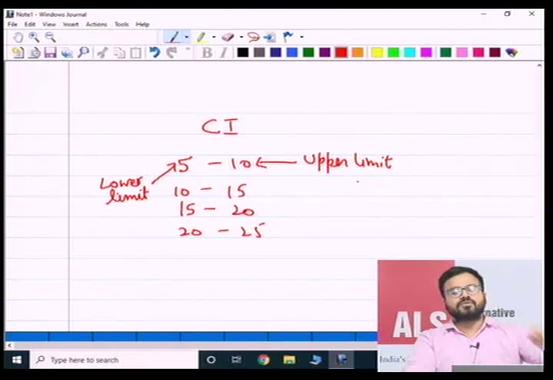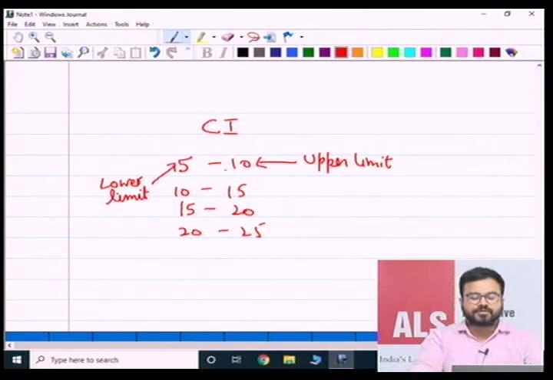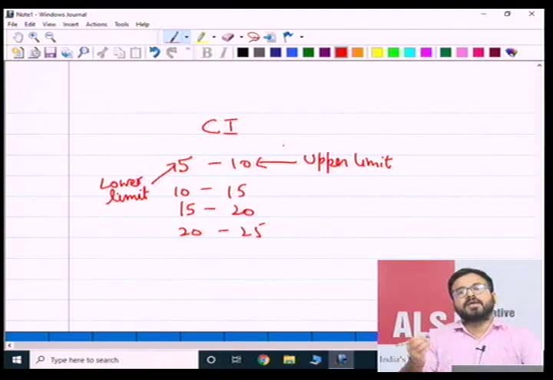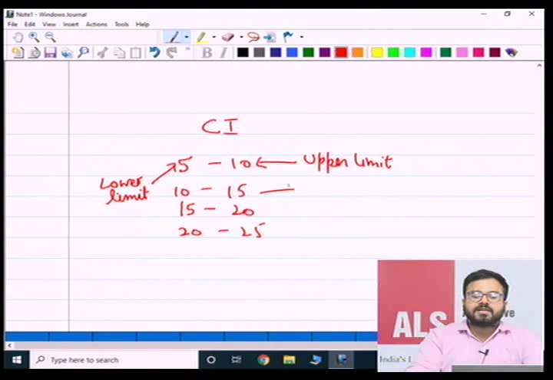This is also known as a continuous class interval, because you can see the upper limit of this interval is the same as the lower limit of the second interval. It is ending on 10, starting with 10, ending on 15, starting with 15, and so on. Second thing, if all the values are integers, and I want to say which interval the number 10 will be counted in, by convention we take 10 to be in the second interval.